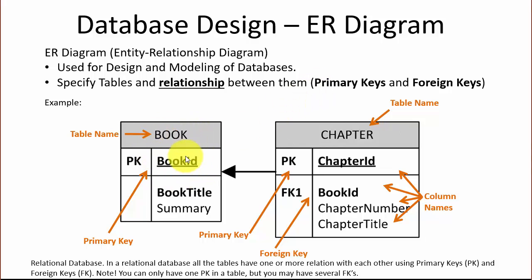Here we have a so-called primary key in this table, and it has a relationship to the chapter table with this foreign key column. So you have the primary key, foreign key, and the relationship between them. The tables can contain one or more columns.